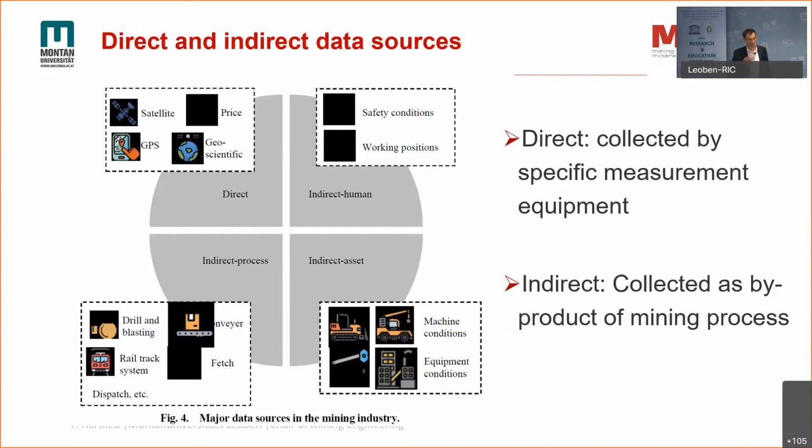But consider this graph and you see how vast the availability is. So it's not just what you mentioned in the beginning, that you want to know something about your productivity, that you want to know something about the ore grade. You have a huge portfolio of options there, a huge portfolio of opportunities.